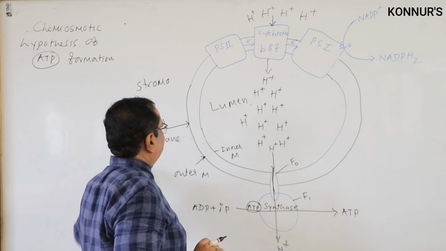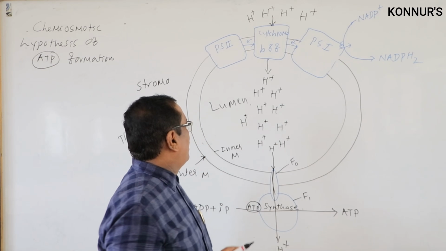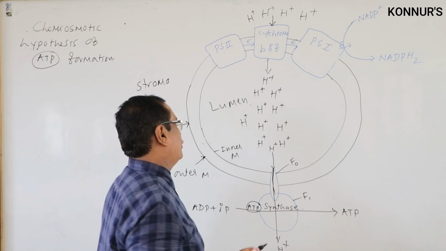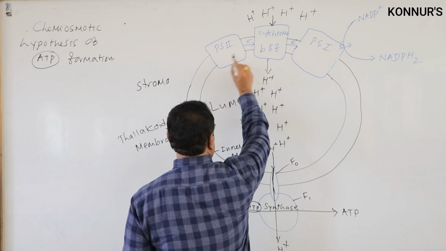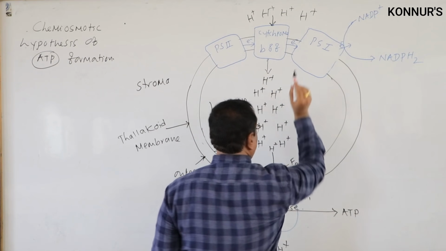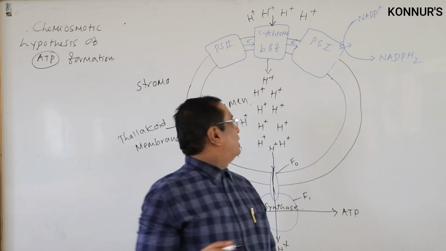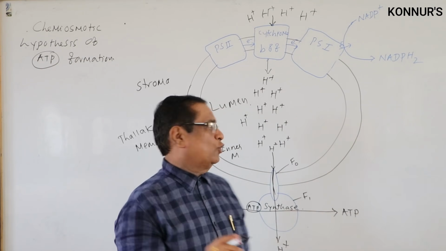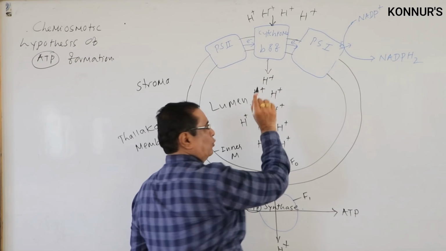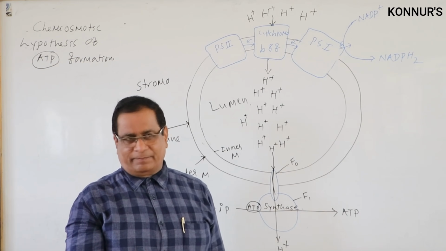In the stroma, there are protons. And in non-cyclic photophosphorylation, from photosystem second, the electron comes to photosystem first through the electron transport system, which has the cytochrome B and F complex.